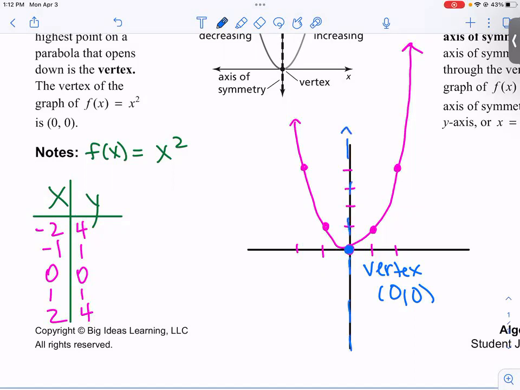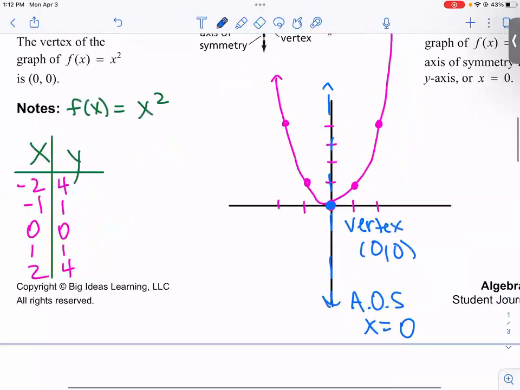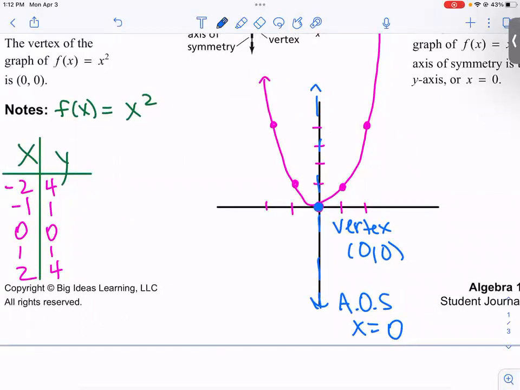How do we write that as an equation? It's x equals 0. We can also say that our parabola is decreasing and then increasing. It falls and then it rises.